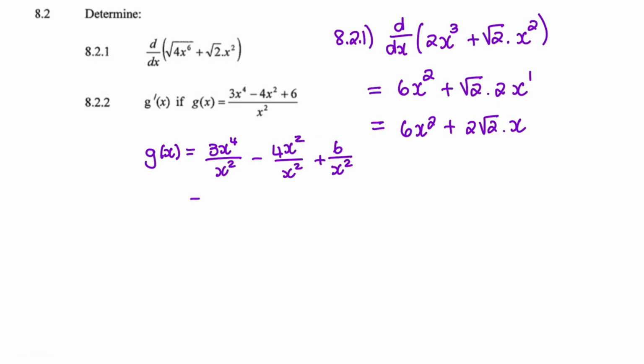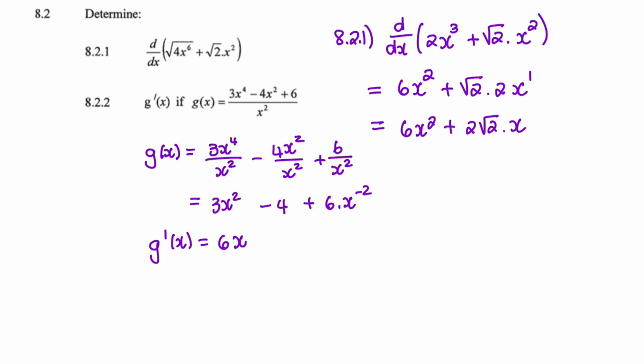So when I simplify this, I have 3x squared minus 4 plus 6 times x to the power of negative 2. Notice the last term I'm writing as 6 times x to the power of negative 2 because that will allow me to use the rule of differentiation immediately. So g prime of x would be 3 times 2, which is 6, times x raised to the power of 2 minus 1.